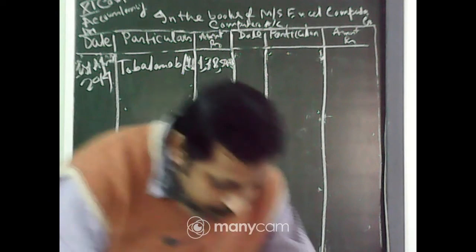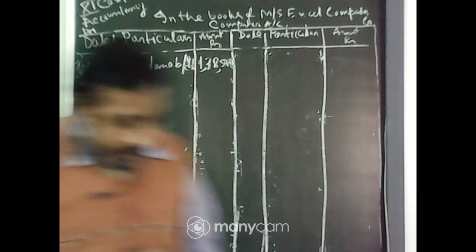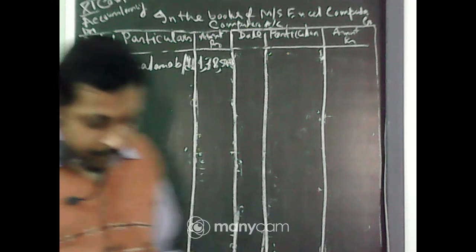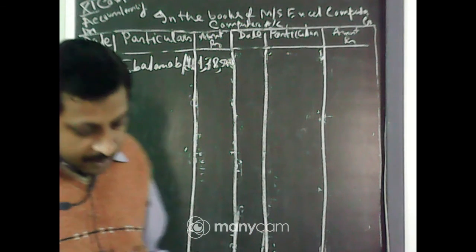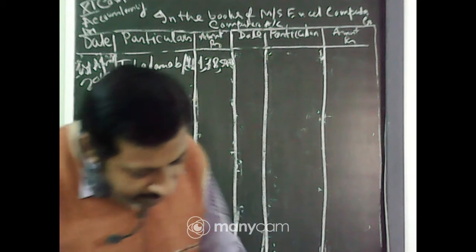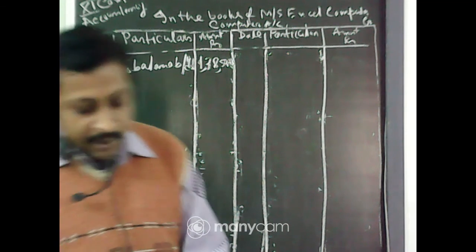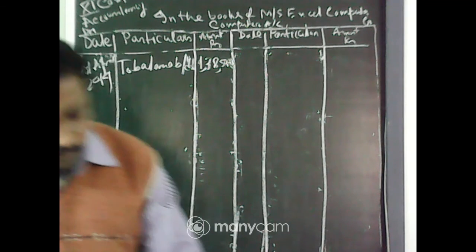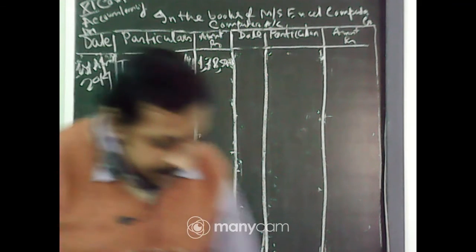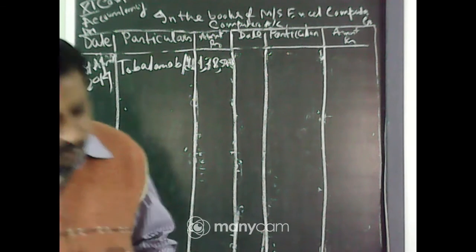Now from your question you can see that on 1st April 2014, the computer which was purchased on 1st July 2010 became obsolete. The value of the machinery was 2,50,000, right. Now it became obsolete and was sold for 20,000.